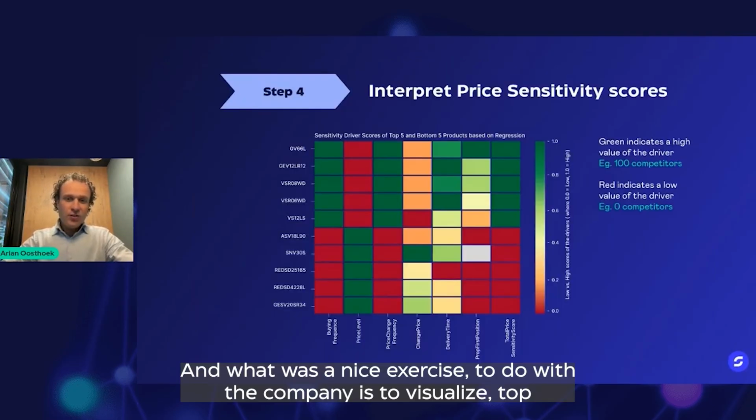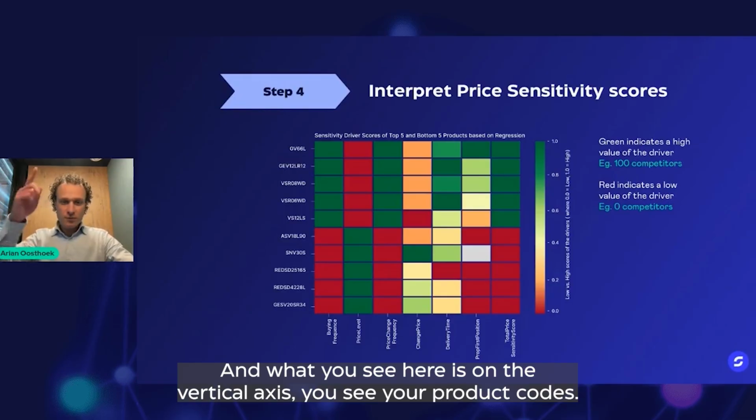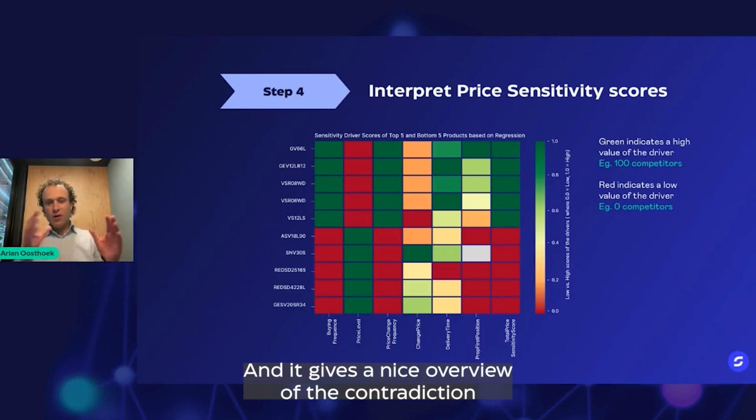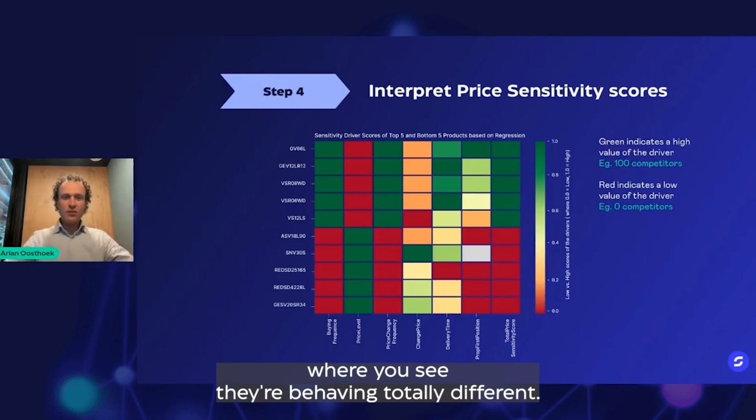And what's always a nice exercise to do with the company is to visualize the top 5 most sensitive products and the top 5 least sensitive products. And what you see here is on the vertical axis, you see your product codes, and on the horizontal axis, you see the drivers. And it gives a nice overview of the contradiction between the most sensitives and the least sensitives, where you see they're behaving totally different.